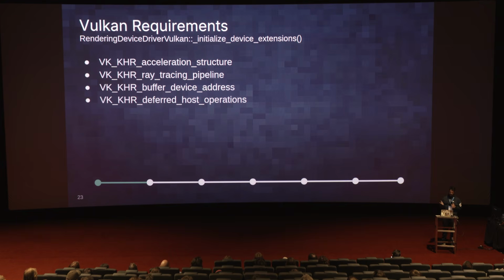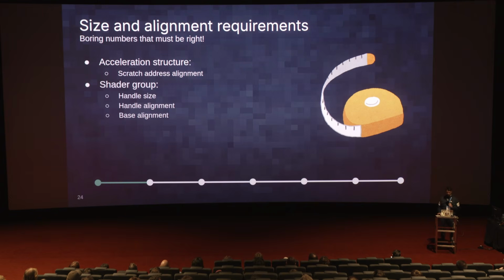If that's the case, then these new Godot API capabilities will be available to you. Otherwise, they won't. And then there are some properties that I need to query from the GPU, properties for the size of objects and alignments in memory. This is something that you probably won't care about, and I'll take care of this, so don't worry about that.